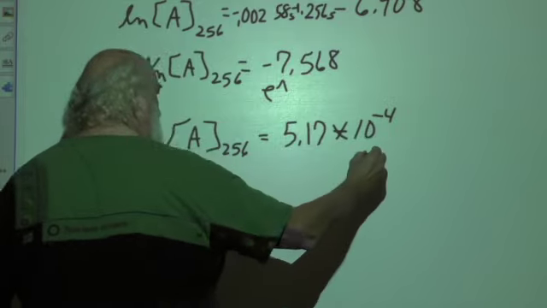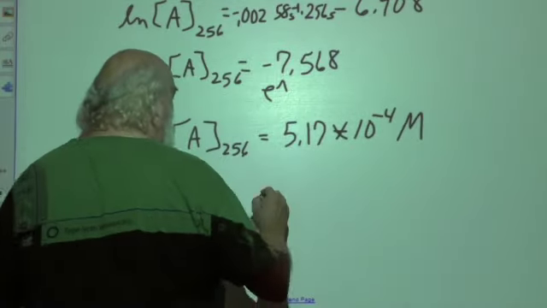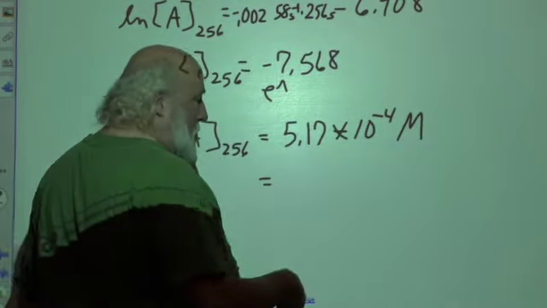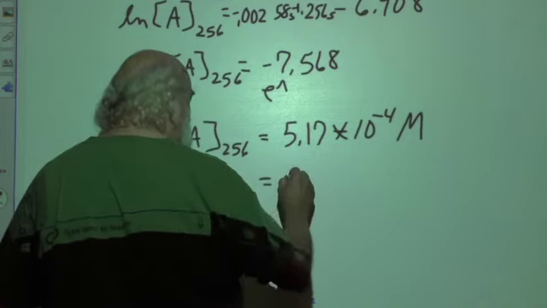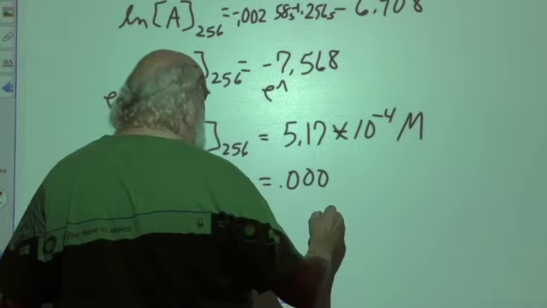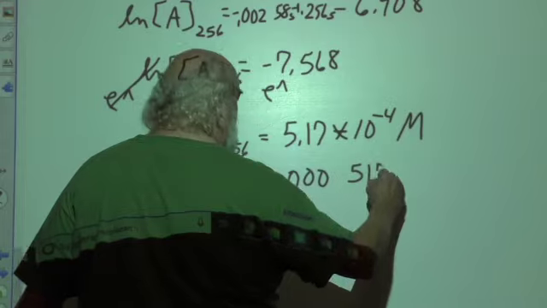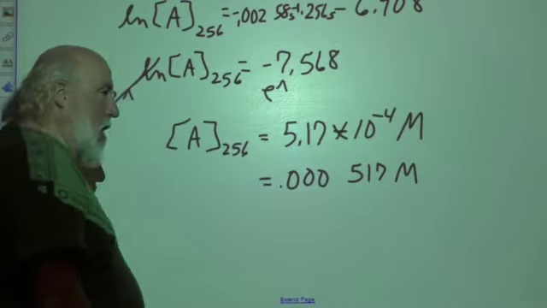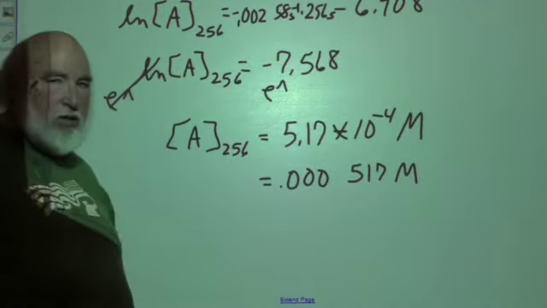This is the concentration, so that's moles per liter, or 0.000517 moles per liter. You're going to write it like that, you're going to put your space in there.